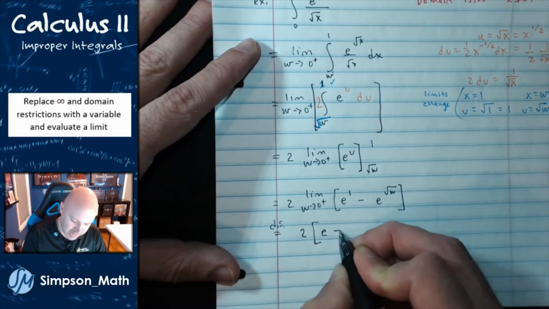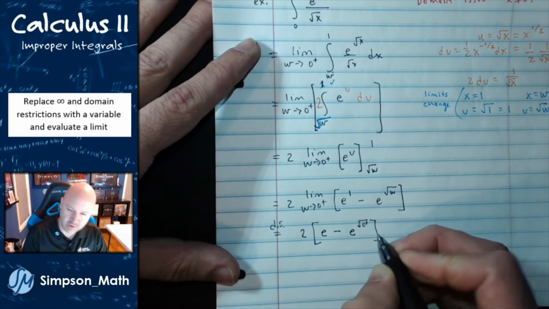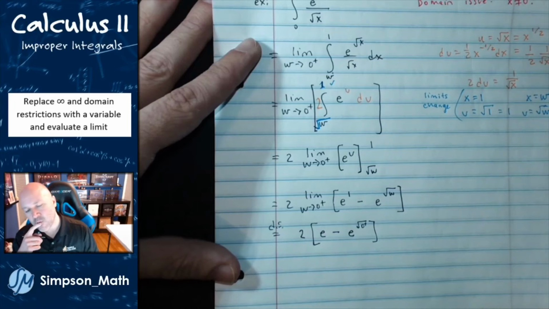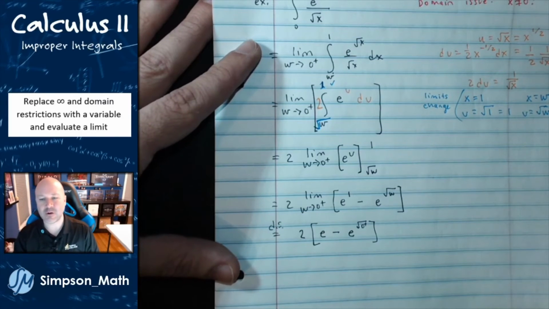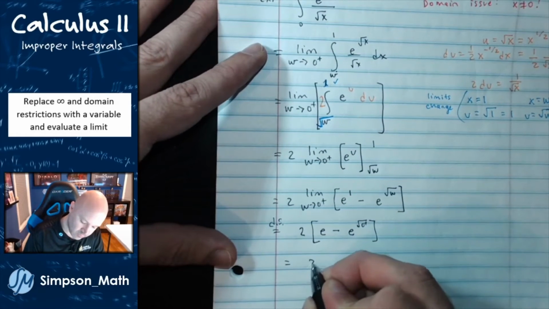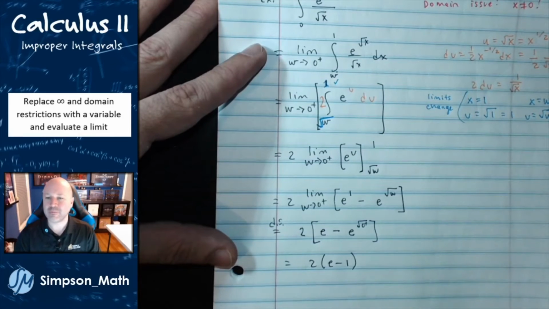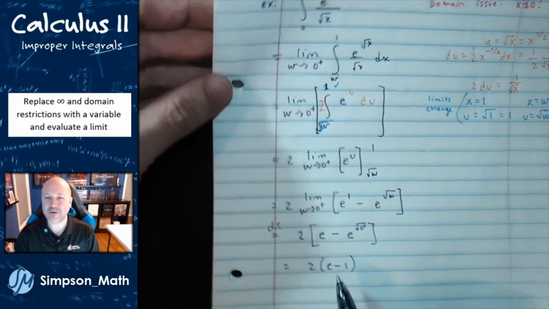I have e minus e to the square root of 0. Well, the square root of 0 is 0. E to the 0 power is 1. Oh, I got a number, like almost 4 or something around there.